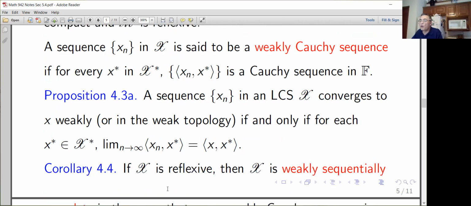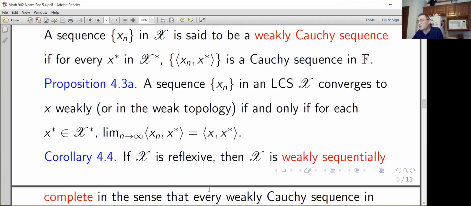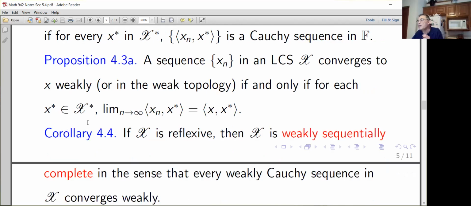Corollary 4.4. If X is reflexive, then X is weakly sequentially complete. We didn't define what weakly sequentially complete means. What we say now is just the definition: X is weakly sequentially complete in the sense that every weakly Cauchy sequence in X converges weakly.